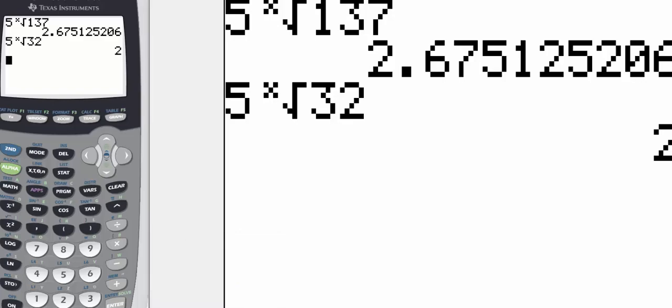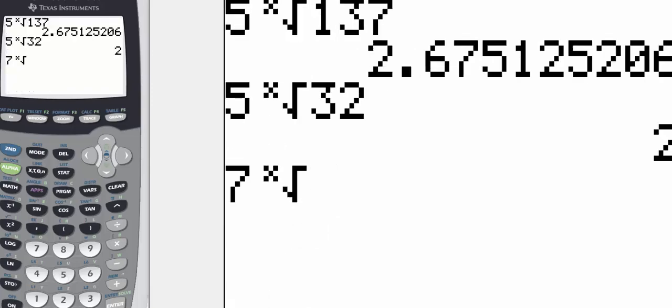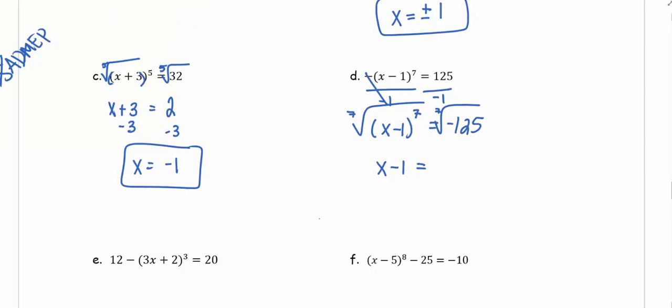The 7th root is 7, math, 5, negative 125, enter. We got negative 1.99. So I'm going to add 1 to both sides. So x equals 0.99.